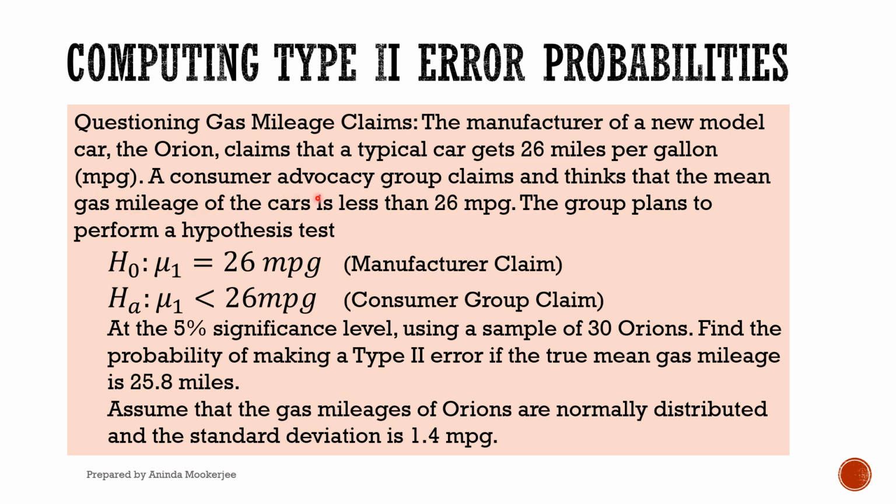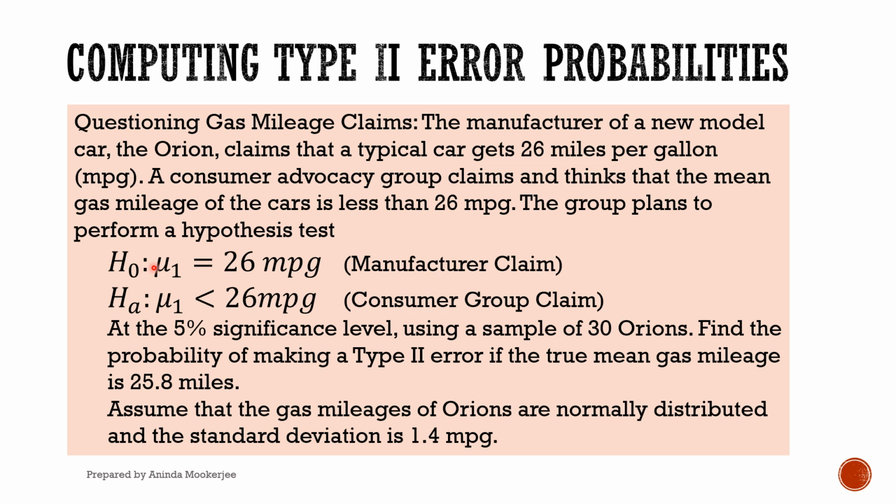A consumer advocacy group thinks that the mean gas mileage of the cars is less than 26 mpg. The group plans to perform a hypothesis test. So they've stated the null and alternate hypotheses. The null hypothesis is what the car manufacturer claims, which is that the mileage per gallon is 26 miles. So the null hypothesis H sub 0: mu equals 26 mpg.